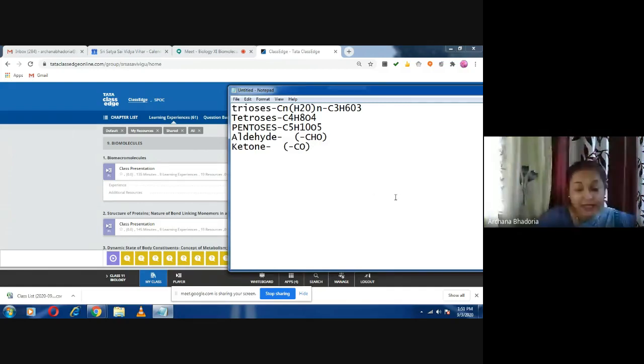The number of carbon atoms is the same. Glucose has C6 and fructose also has C6, but the functional group varies. Glucose has the aldehyde group attached and fructose has the ketone group attached. Sugars with a ketone group we call ketoses. Is it clear? Are you understanding what I am saying, everyone?